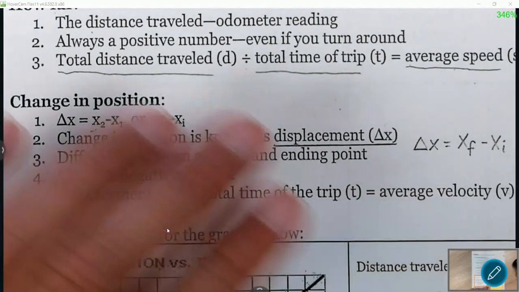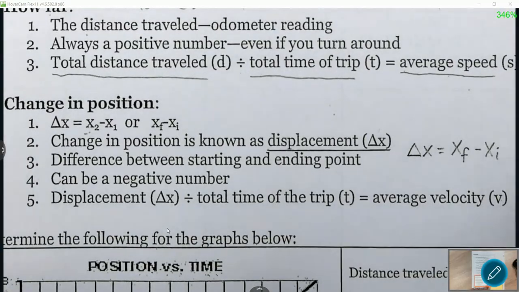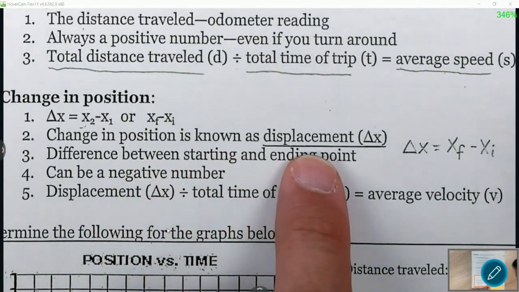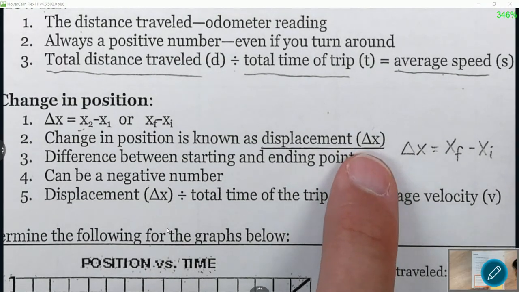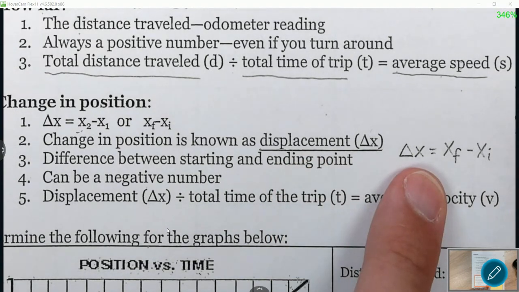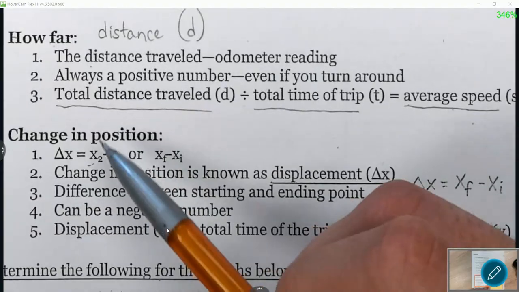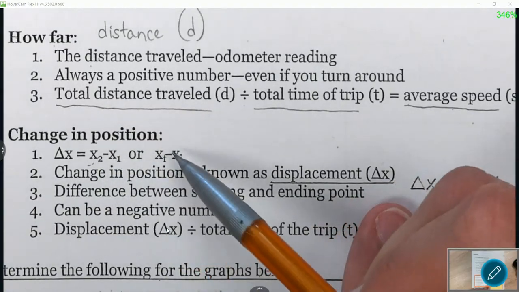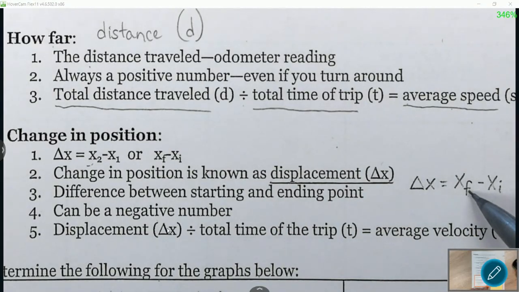Now, displacement is the change in position, how far you are from where you started. Change in position is known as displacement. We use delta x to represent displacement. To figure out delta x, we use this: x subscript f minus x subscript i.